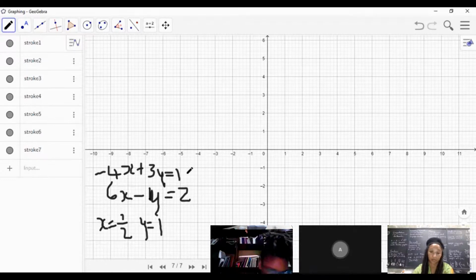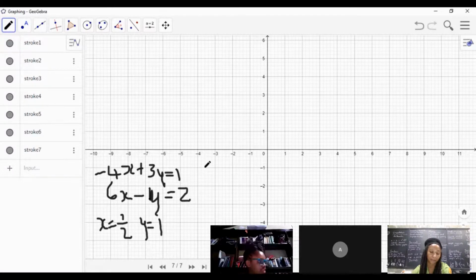Miss, for my y, I have 1 plus 4x over 3. You want one number, whole number or fraction, one number. How is y 1 plus 4x over 3? Oh, so you're using this equation as in substitution. Yes, miss. So you would have y equals 4x over 3 plus 1 over 3.